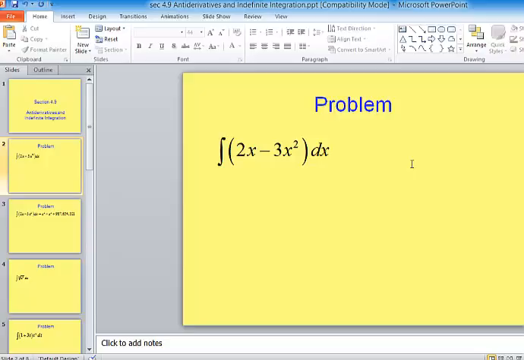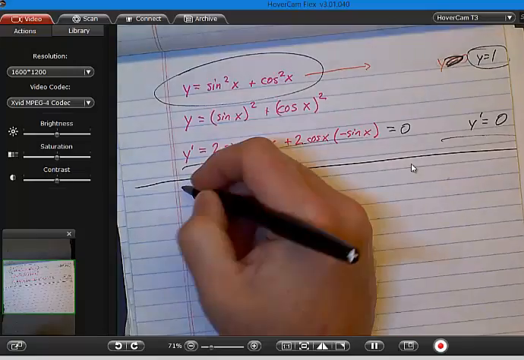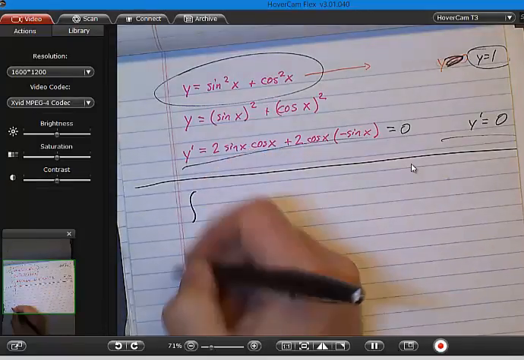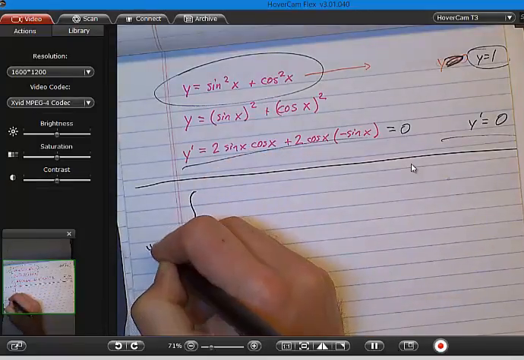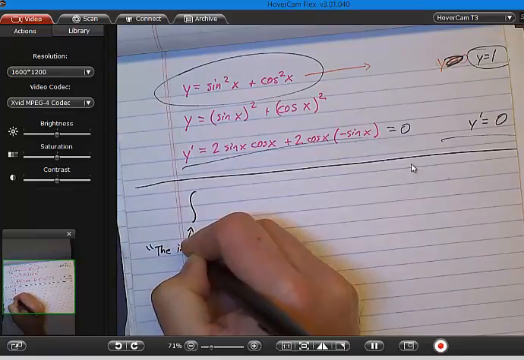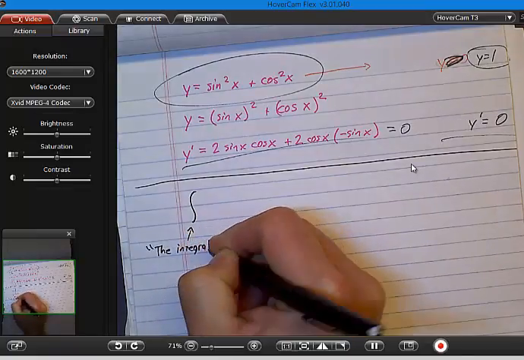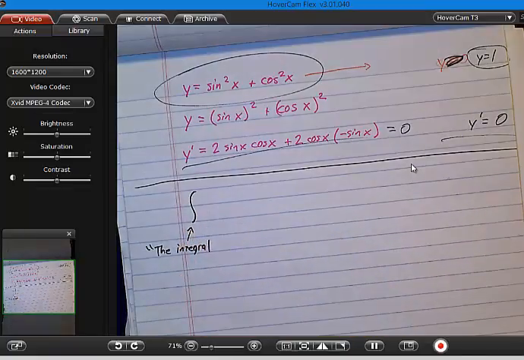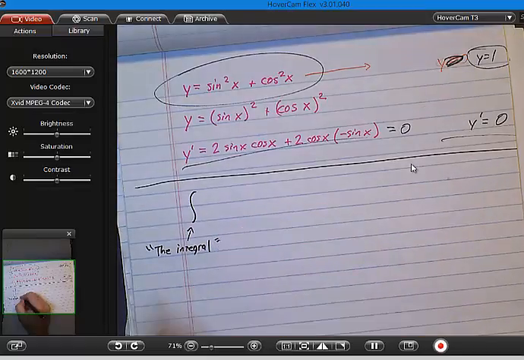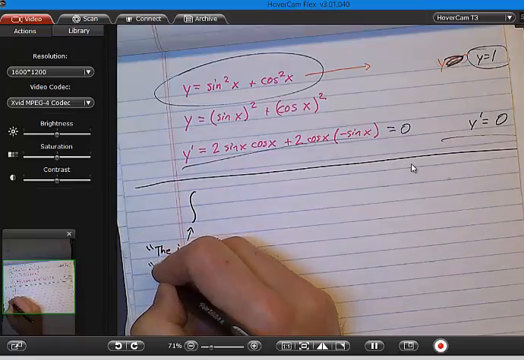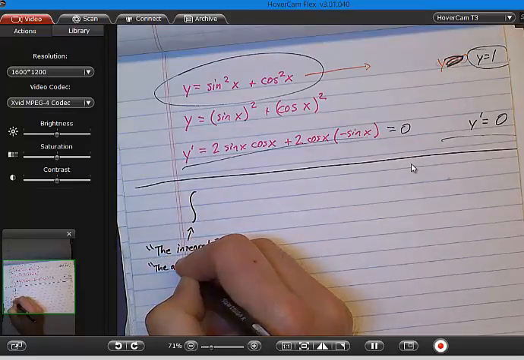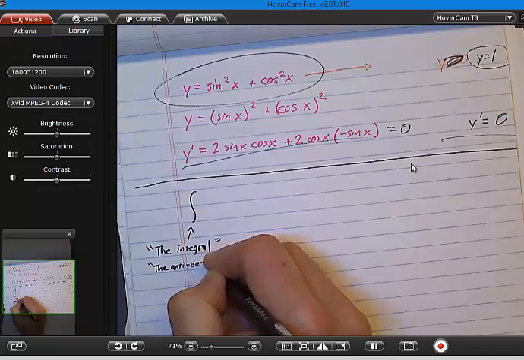That first symbol, that curly S symbol here, when I write this, the way you read that is the integral. What it means is the antiderivative.